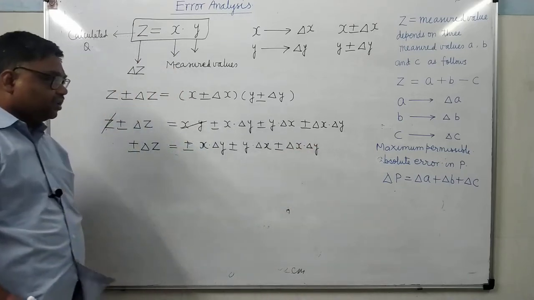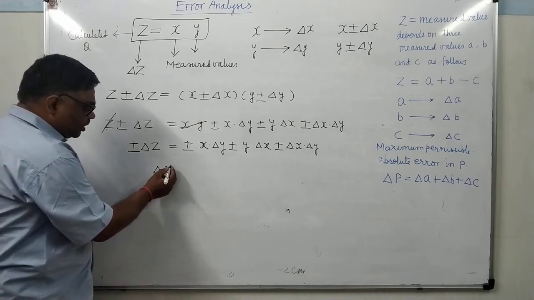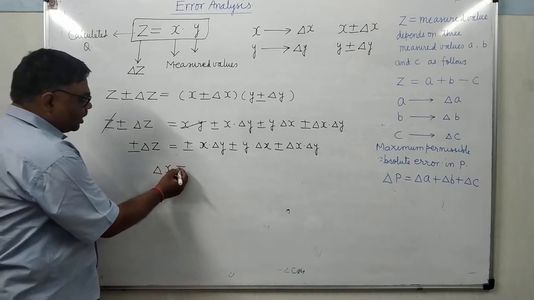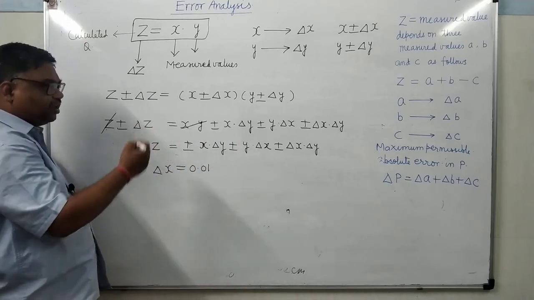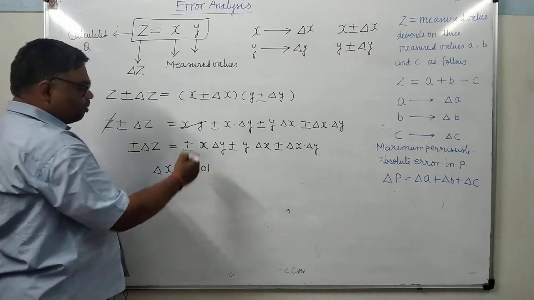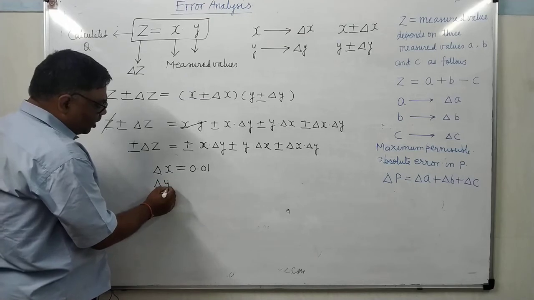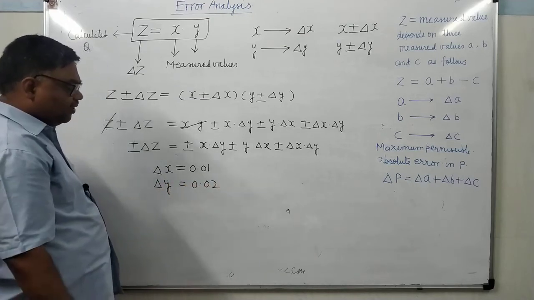Now all of you see here. Suppose, taking some numerical values, delta X is 0.01, in some unit, centimeter or kilogram, any unit. Delta Y equals 0.02. It is clear?